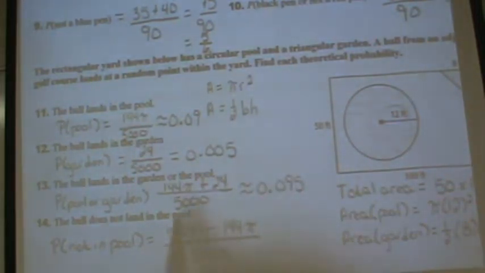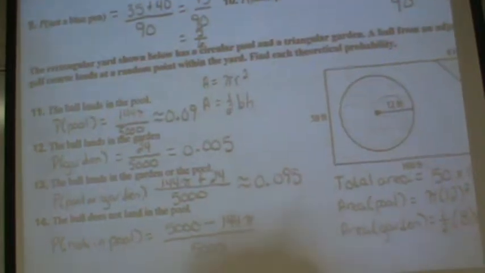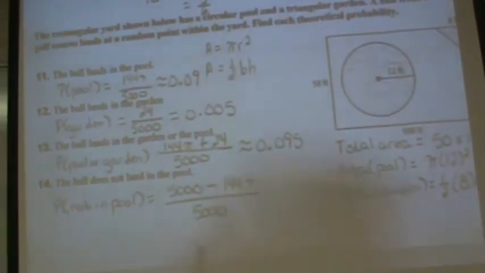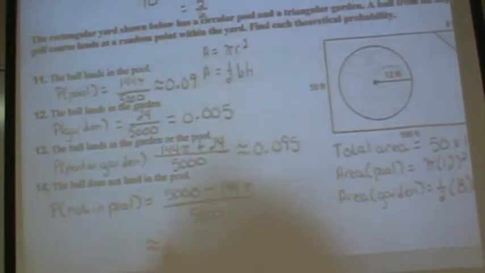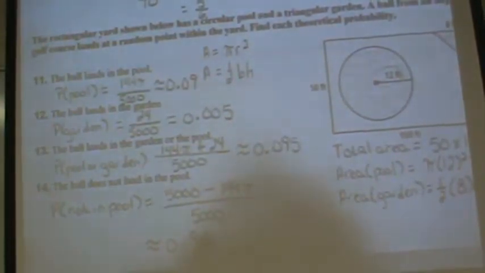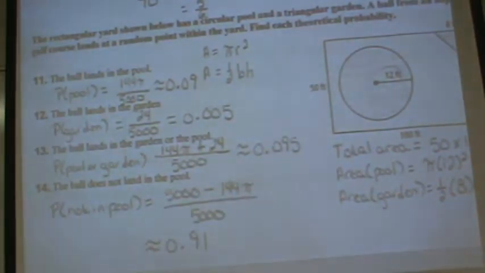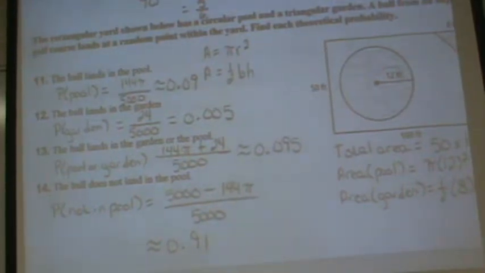Because this is saying that you have all the rest of the area that isn't the pool, is what we're doing on the top here. And you get approximately 0.91, or 91%. Going on to the back.